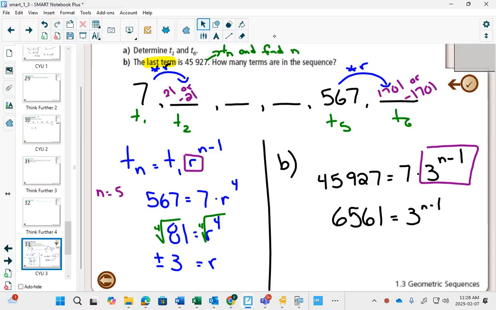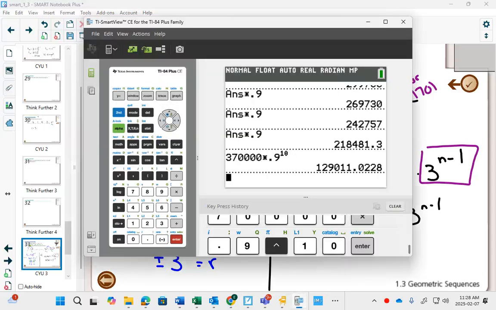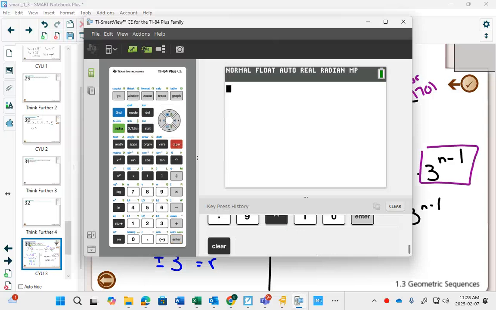And a little bit of logic. The logic is that n has to be a nice number because it's a sequence. It's not going to be a decimal. It's going to be a nice whole number. So we are going to take out our calculators and test 3 to the something has to be 6,561.